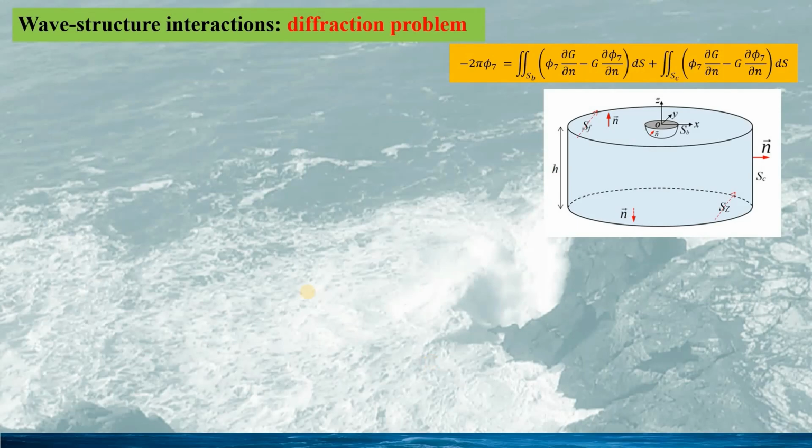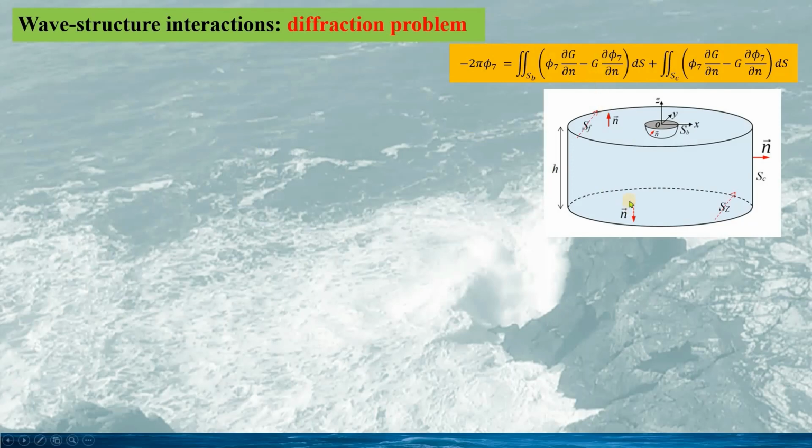Now we are able to examine the problems of wave structure interactions. The first problem is for the diffracted wave, conventionally called the diffraction problem. Here, we need to establish the boundary integral equation for the diffraction potential phi 7.